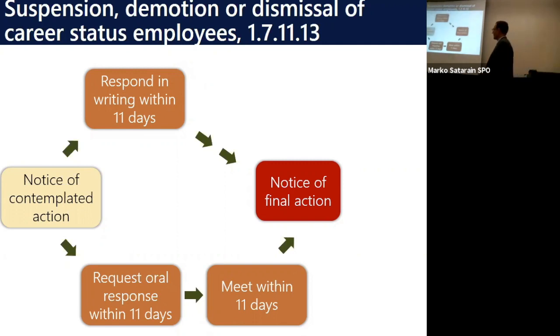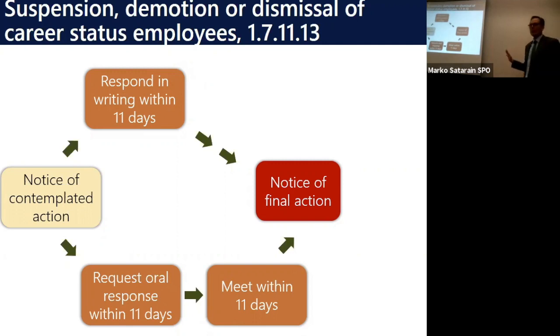From this point, the notice of contemplated action to this point, there's no new allegations, because if you have new allegations, the employee's like, what? I didn't know about that. And now you're telling me at the end, and I didn't have an opportunity in my oral response meeting to mention that. And so that's a problem. That is a problem.